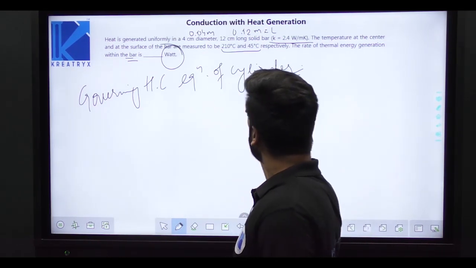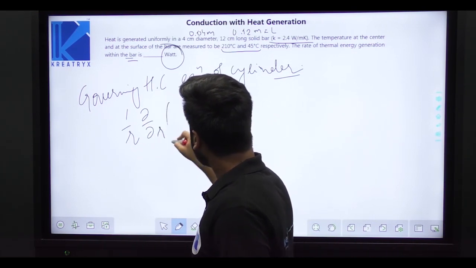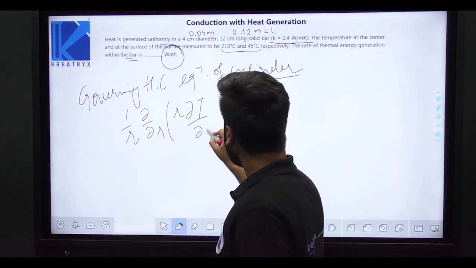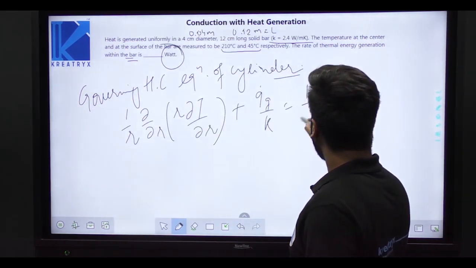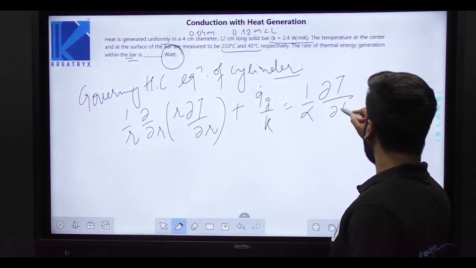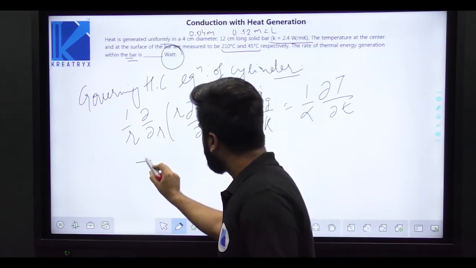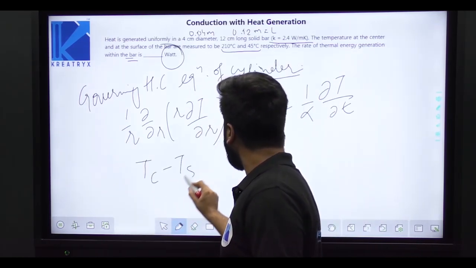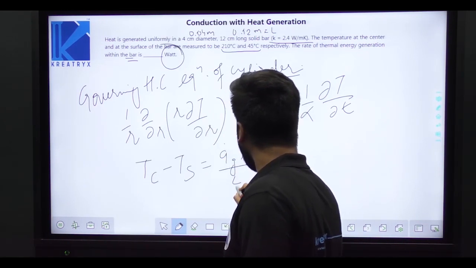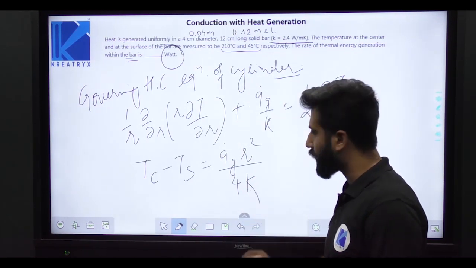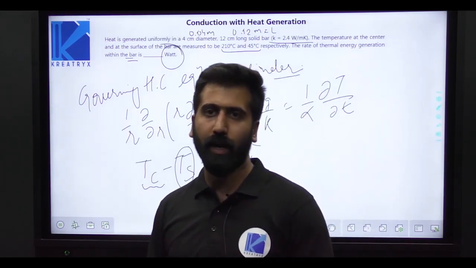The governing heat conduction equation for a cylinder is 1 by r del by del r of r del T by del r, plus Q dot G by k, is equal to 1 by alpha del T by del t, where t is time. You solve this, put the boundary conditions, and you get the formula Tc minus Ts is equal to Q dot G R square by 4K. In case of a sphere, it was 6K. Tc is the center temperature, Ts is the surface temperature.